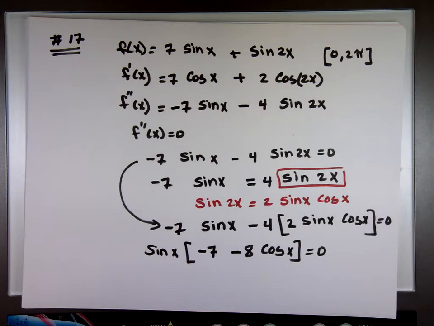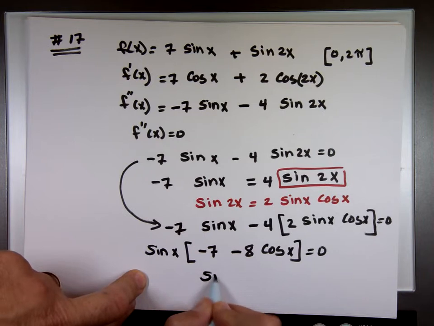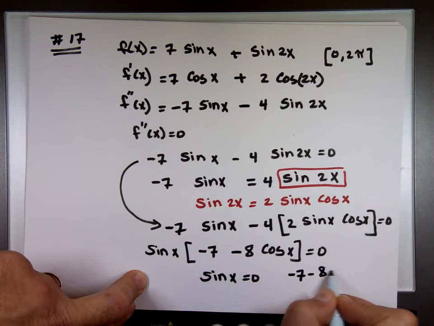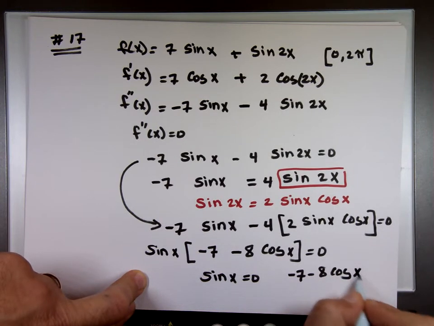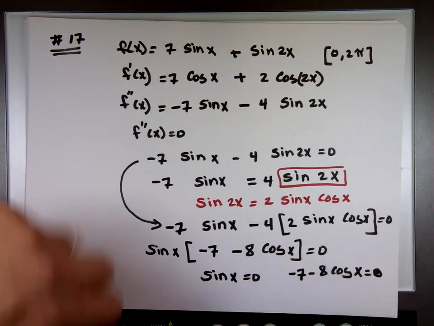The only way that derivative will equal 0 is if sine of x is equal to 0, or negative 7 minus 8 cosine x is equal to 0. That's the only way you'll have a 0. If this piece is 0 or that piece is 0.